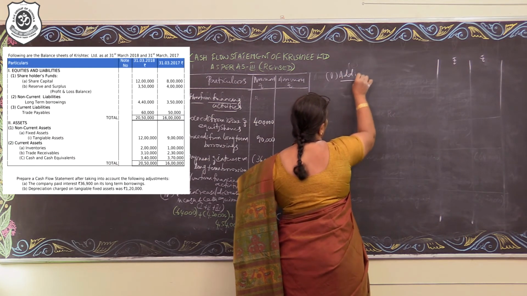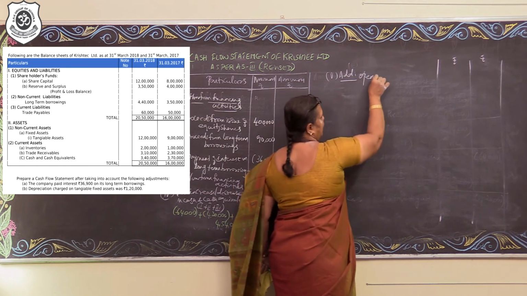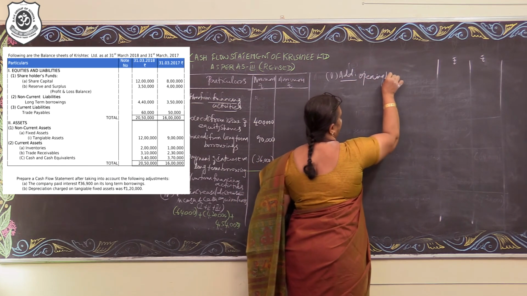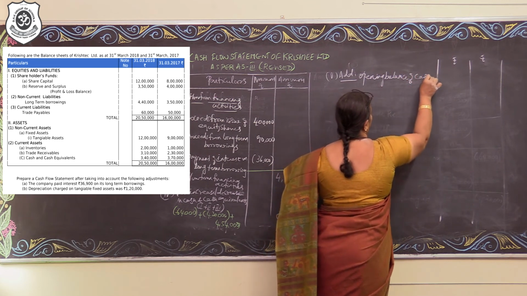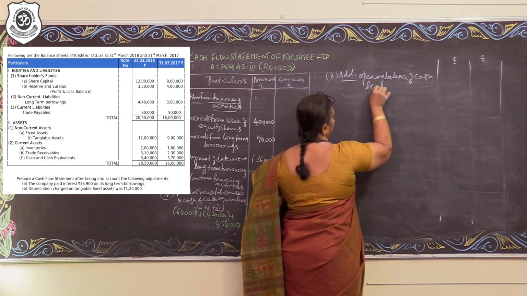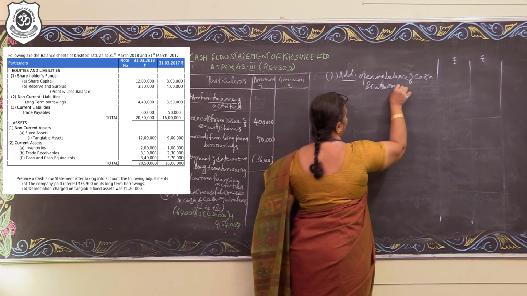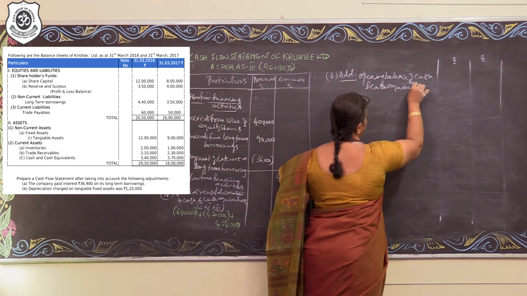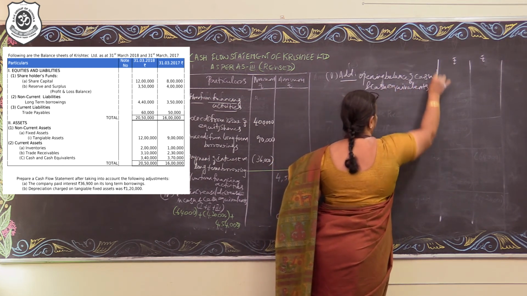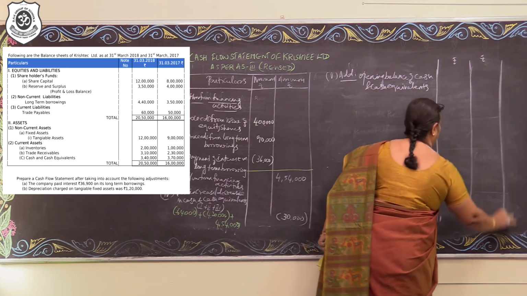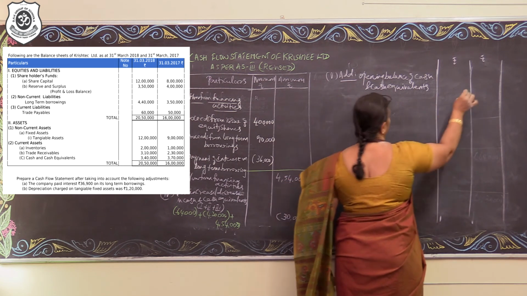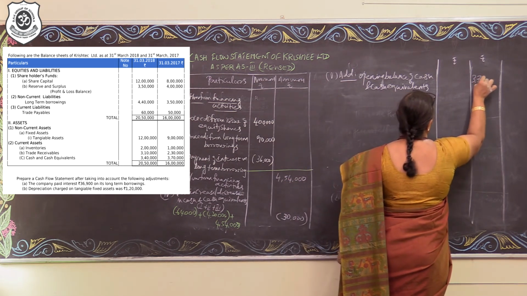Step 5, add opening balance of cash and cash equivalents, 3,70,000.